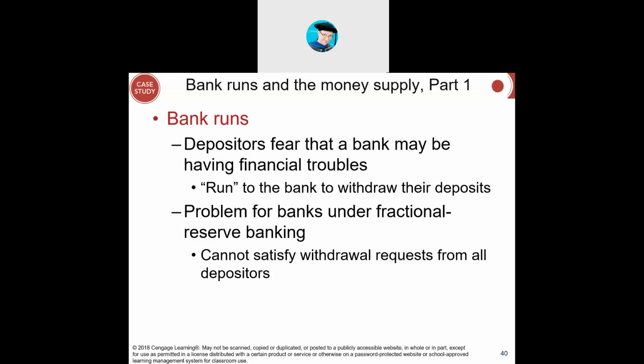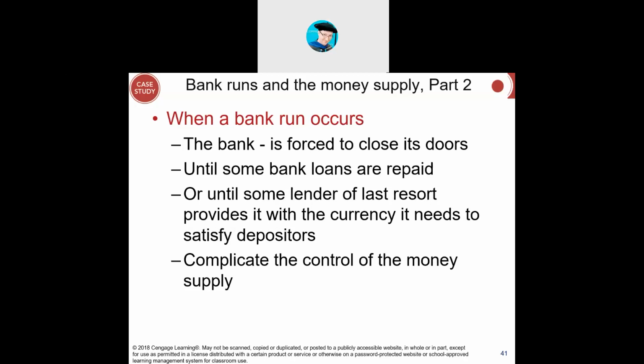And so that's why having something like a fractional reserve system may not always work. 100% reserve system, that would be best. Fractional reserve system, that would be bad in a situation where everyone's taking money out at the same time, because they won't be able to satisfy all the withdrawal requests, right?